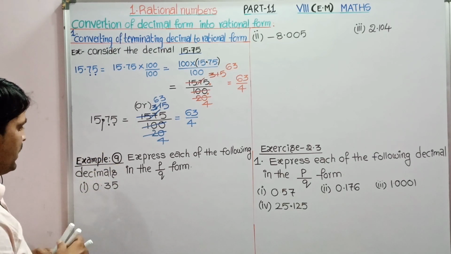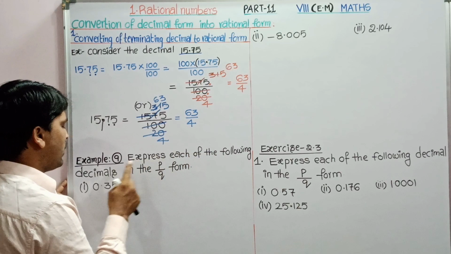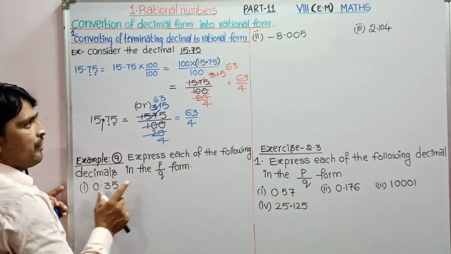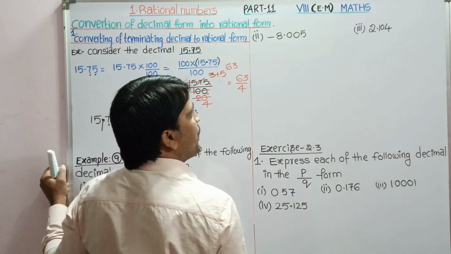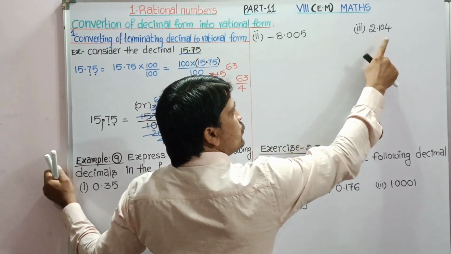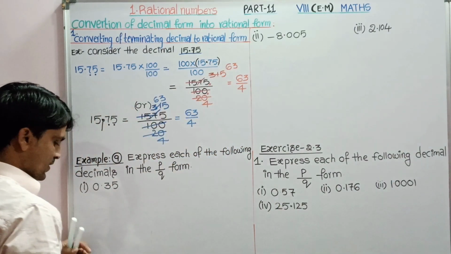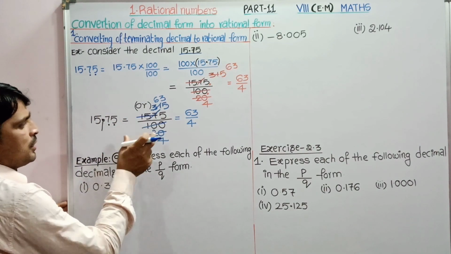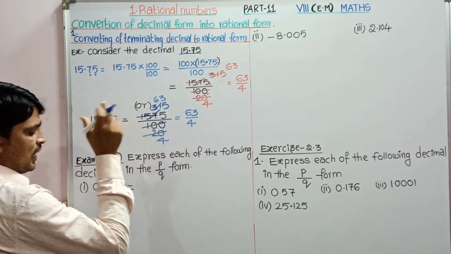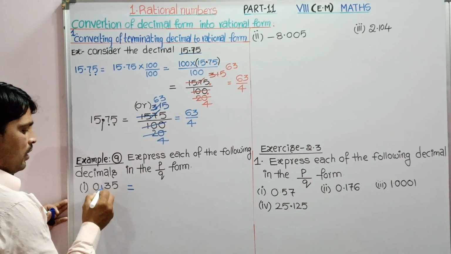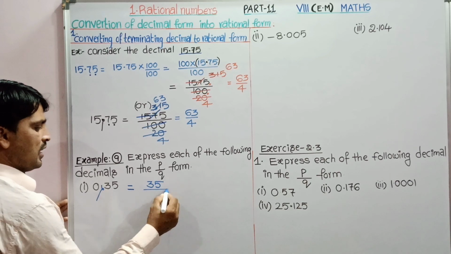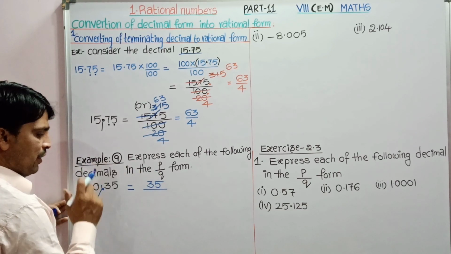Let us see example 9. Express each of the following decimals in P by Q form. First question 0.35, second one minus 8.005, third one 2.104. Let us see the first one by the simple method. Simply remove the decimal point and write the digits as they are. 035 can be written as 35.